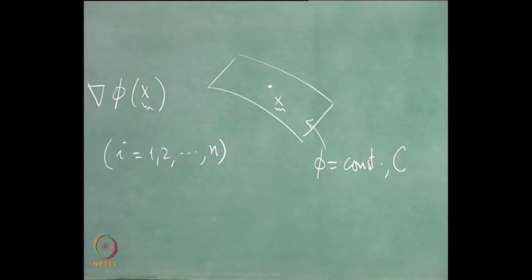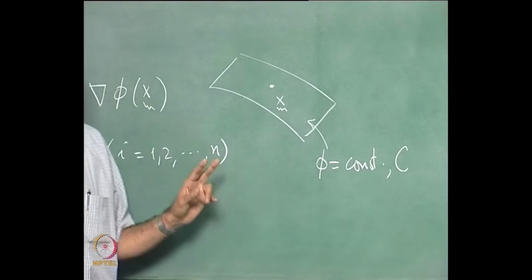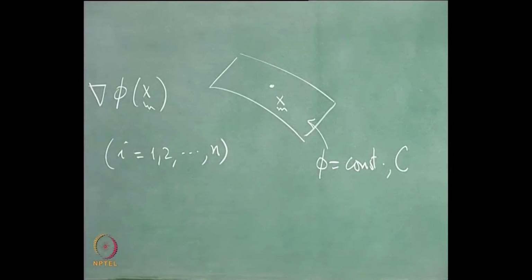then what is the direction of the gradient of phi at this point? The gradient is defined as the normal derivative. The gradient of any scalar field is the normal derivative. It is the direction in which this function phi has the maximum rate of change, that direction along which it changes most rapidly.